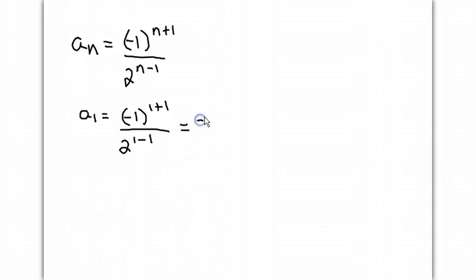So this would be negative 1 to the second power over 2 to the 0 power. Negative 1 to the second is negative 1 times negative 1, so that will essentially be just 1. 2 to the 0 is just 1. Anything to the 0 power is 1. So a1 comes out to 1.